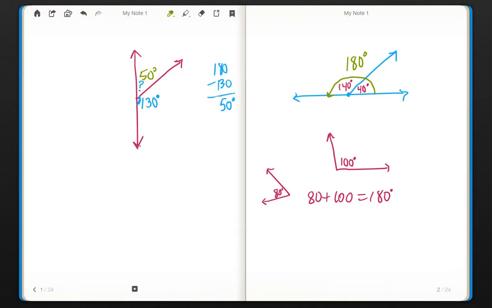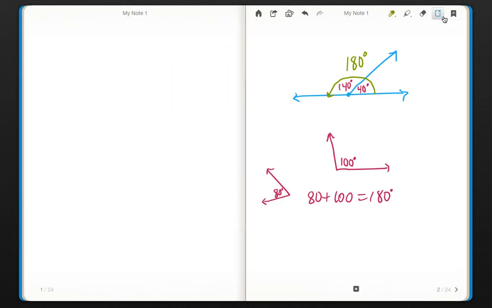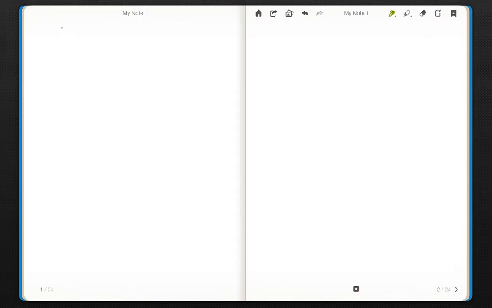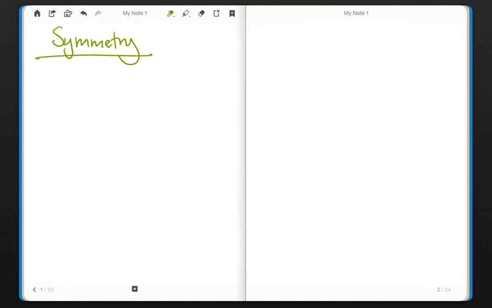The last thing I wanted to go over with you is symmetry. So that's our third part. Now, symmetry, we have different types of symmetry. We have something called line symmetry, and we have rotational symmetry. Those are our different types.